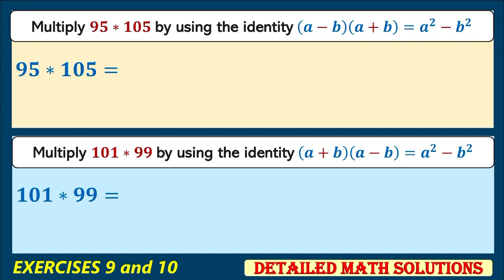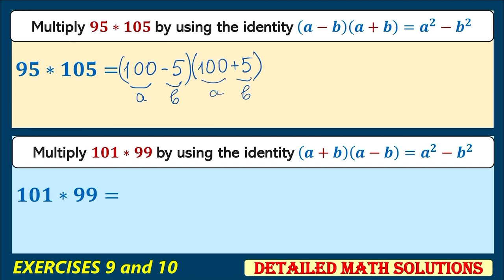So I'm going to write 95 as (100 minus 5), and then 105 as (100 plus 5). This way I have 100, which corresponds to the a in the identity, and 5, which corresponds to the b in the identity.